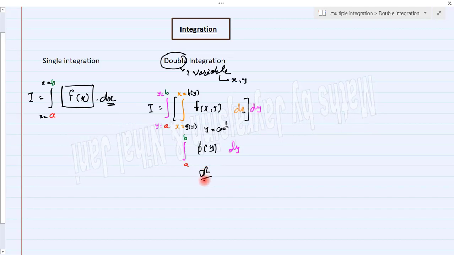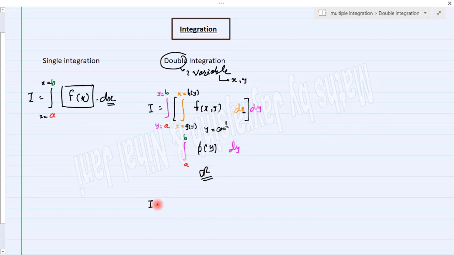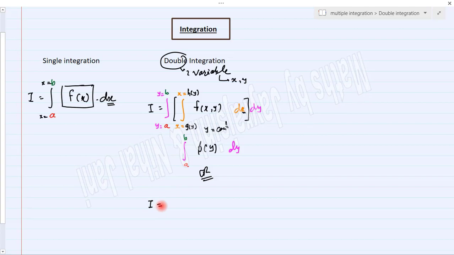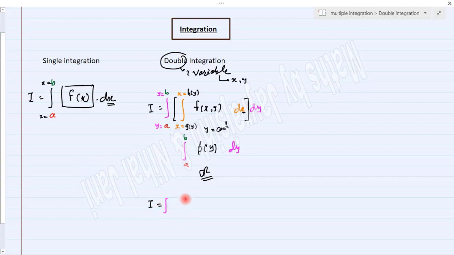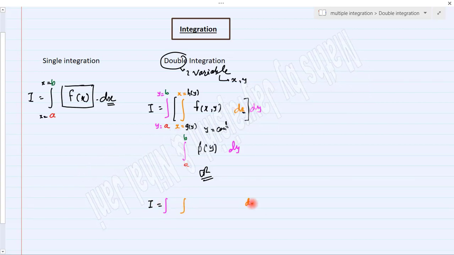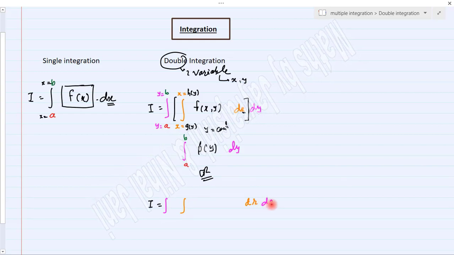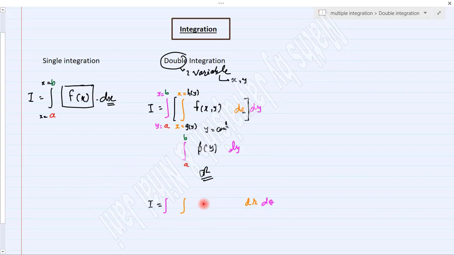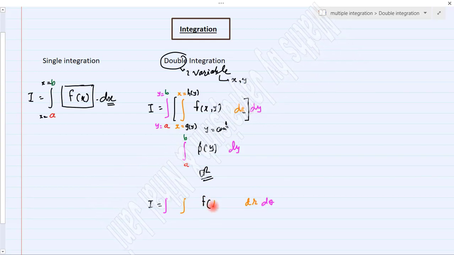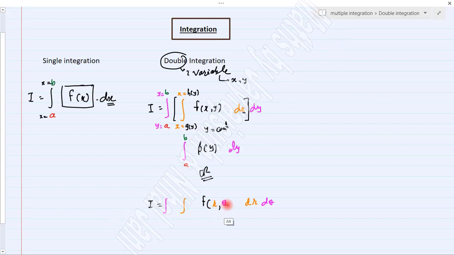Now let's try to see the same thing with other variables. Let's say we have a double integration and our variables are dr and d theta, and we have to integrate a function of r and theta.